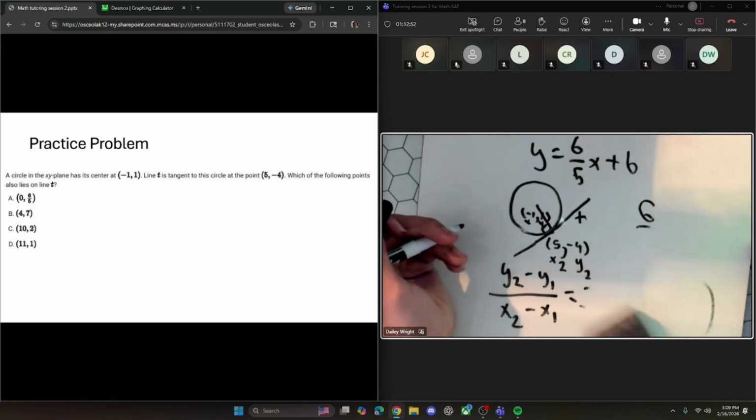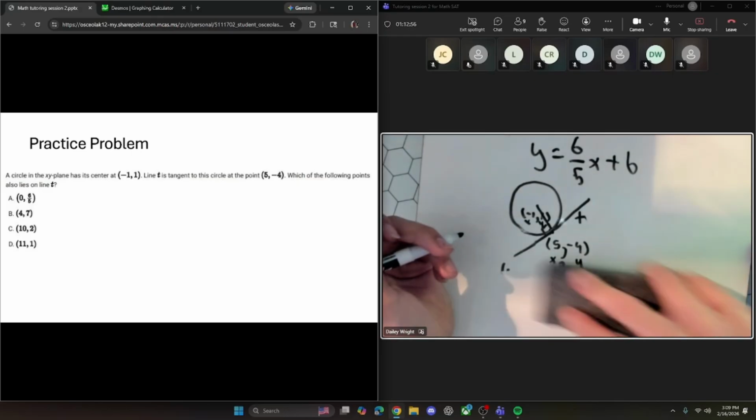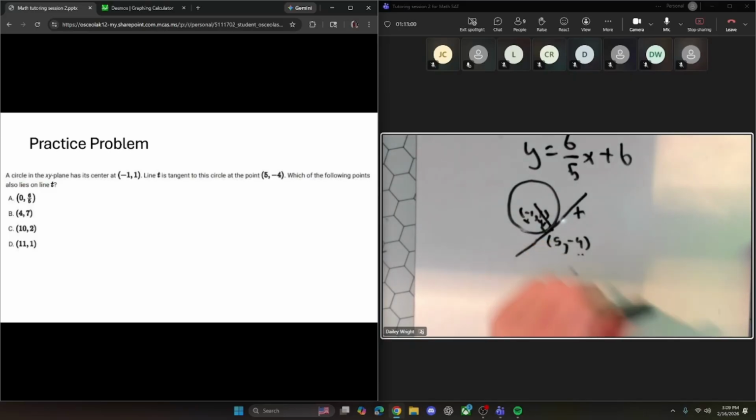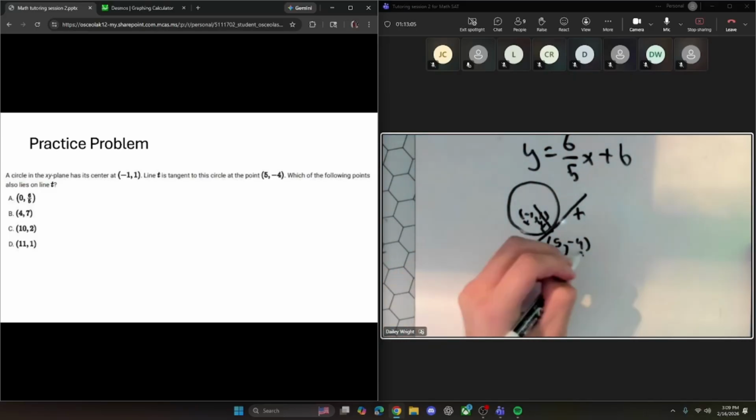And now we need to use our point that is on line T, which is (5, negative 4), to find b. 5 is x, so plug in 5 for x, and then negative 4 is y.